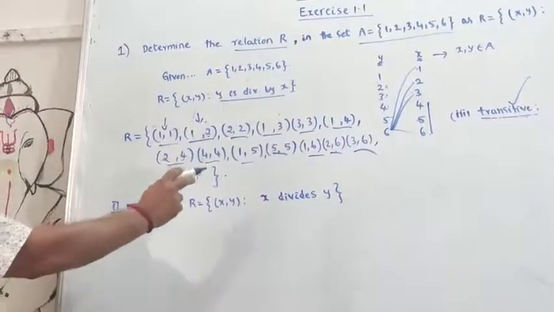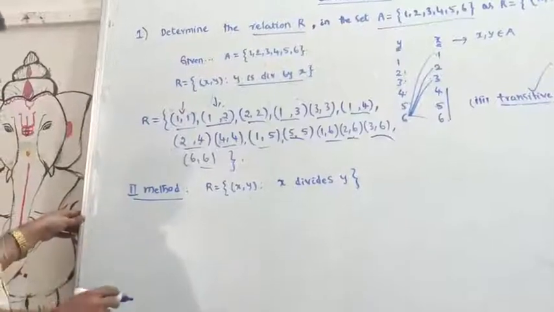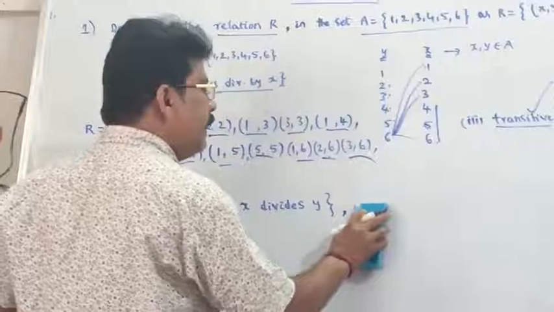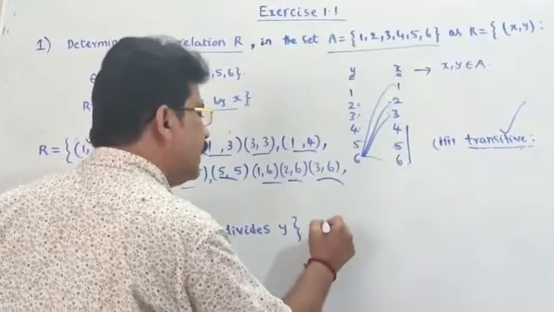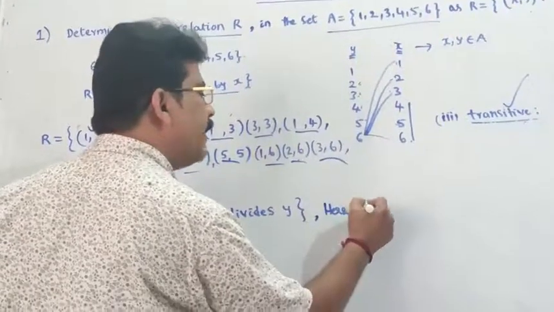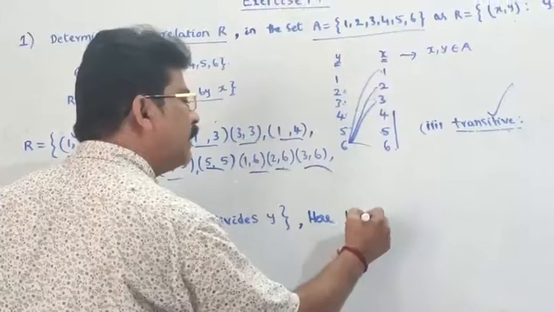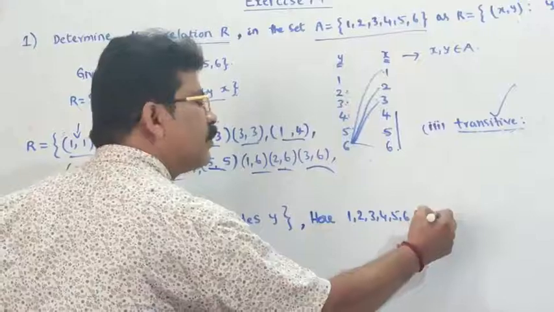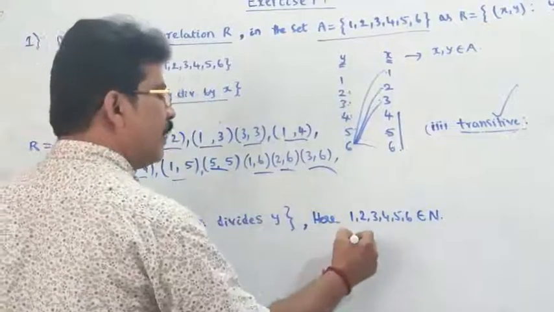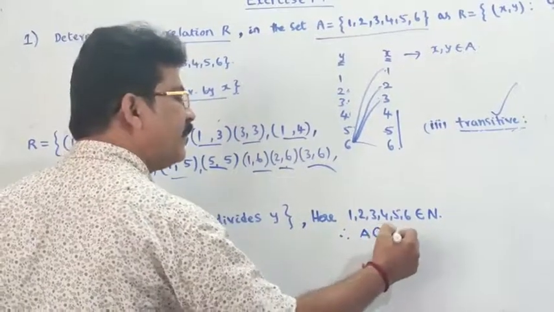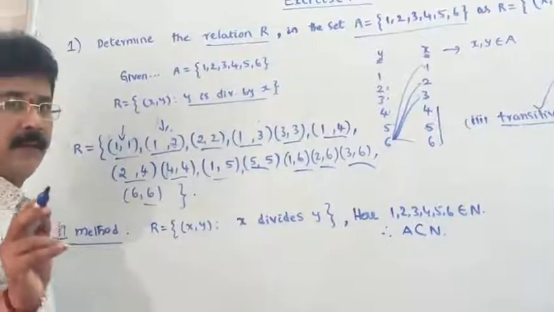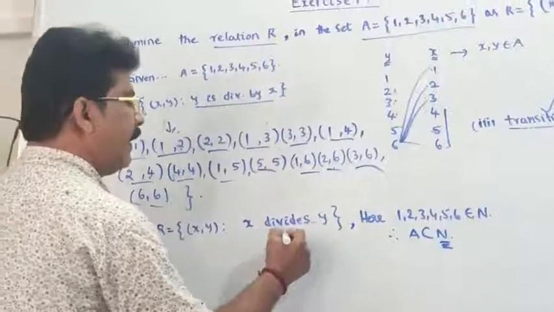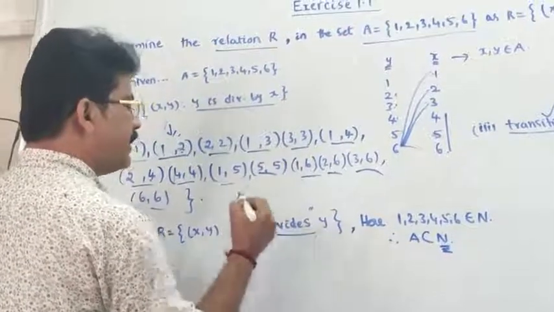Here capital A means 1, 2, 3, 4, 5, 6, all belonging to natural numbers. So capital A is a subset of natural numbers. We have to observe the natural number set and the word divides.